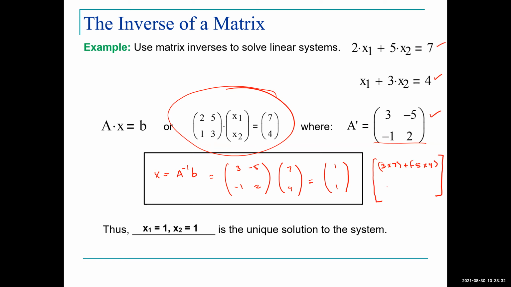And then you have minus 1 times 7 plus 2 times 4. So that will give you 1, 1.